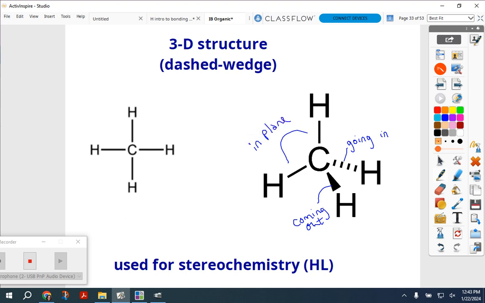So it's a way of showing, like if I had 2 chlorines on here, or 3 chlorines or something like that. It's not as big of a deal for something like methane, but when you start getting into compounds that have multiple functional groups on them or with double bonds, then it becomes important to show which side of the molecule different things are on.